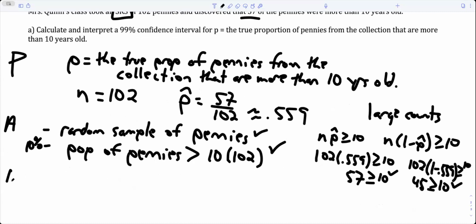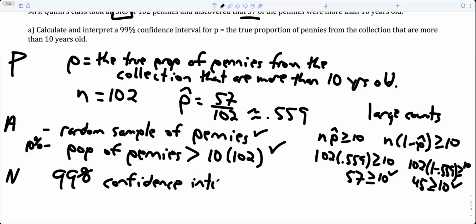Right, the N is the name. So what's the name? What's my level? 99% confidence interval. How many samples were there? One. Proportion or means?